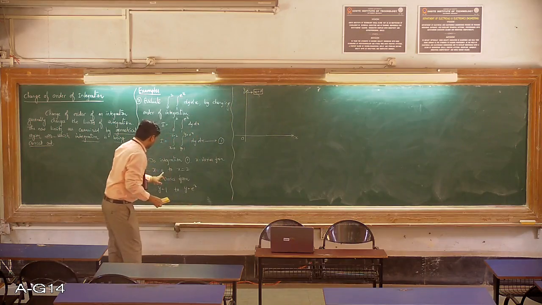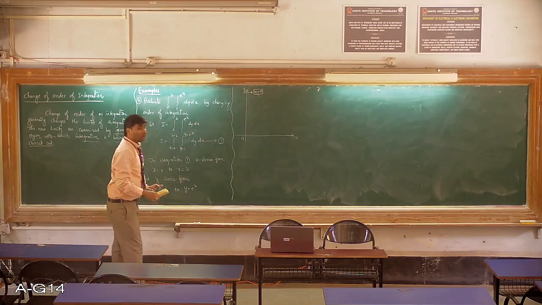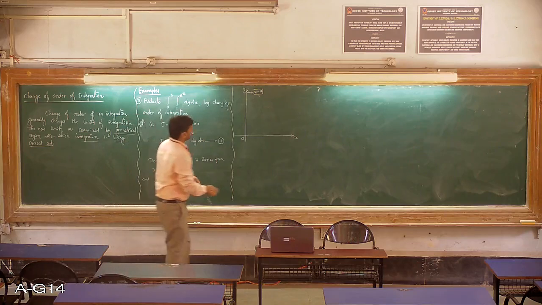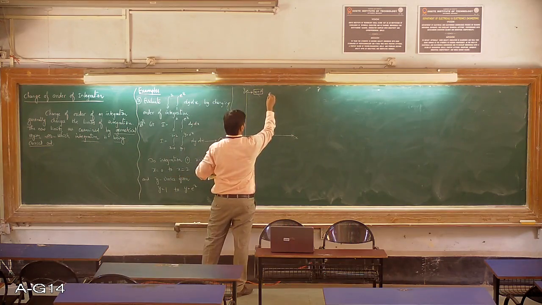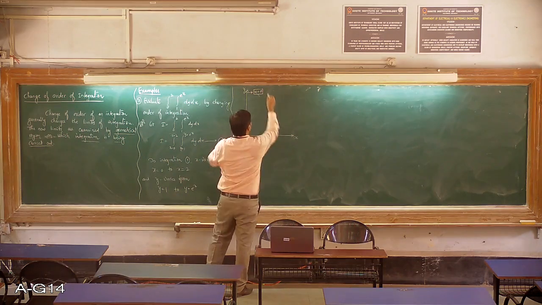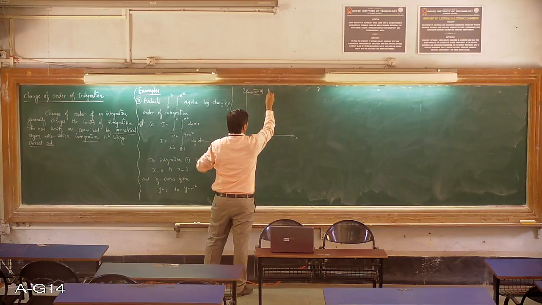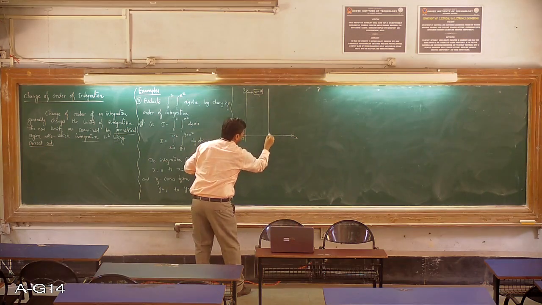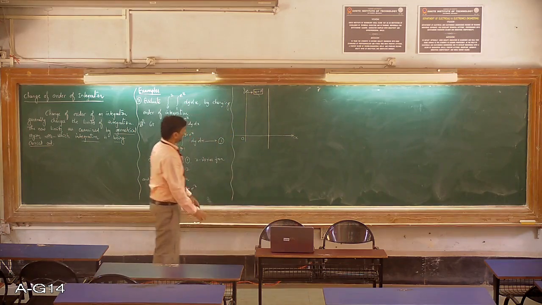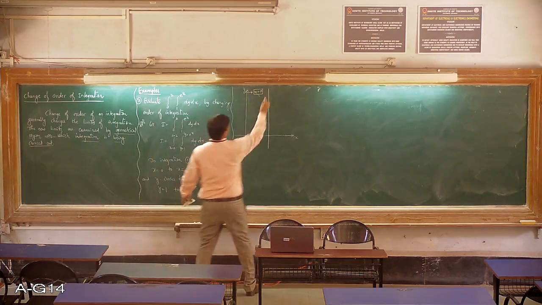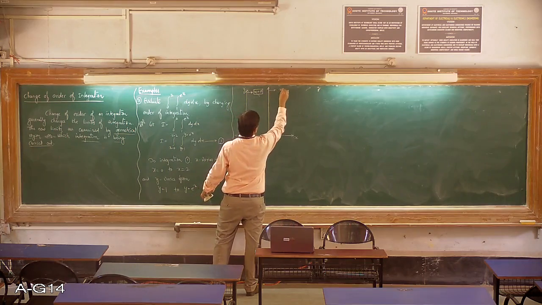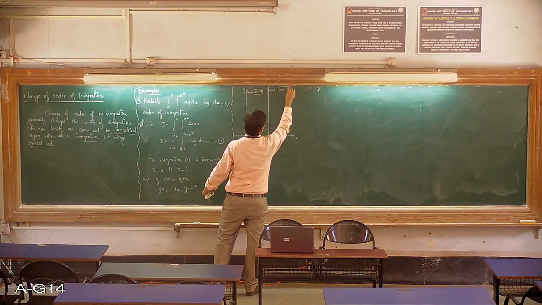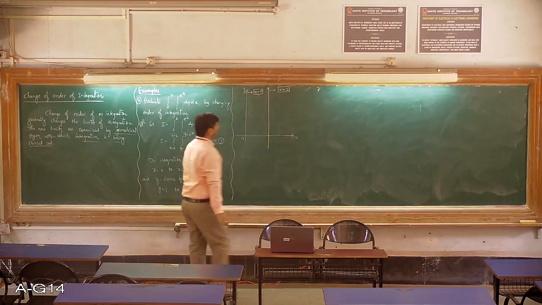Okay, and next is x equals 2. X equals 2 means what? That is the line which is parallel to the y-axis and passing through x equals 2. Okay, so this we will call the line x equals 2.